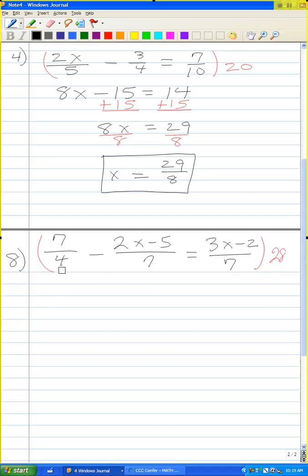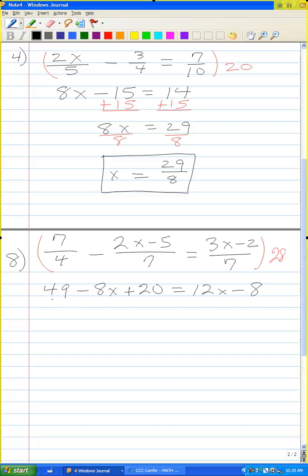28 divided by 4 is 7, times 7 is 49. 28 divided by negative 7 is a negative 4 times 2x is a negative 8x. 28 divided by negative 7 is a negative 4 times negative 5 is a positive 20. 28 divided by 7 is 4 times 3x is 12x. 28 divided by 7 is 4 times negative 2 is negative 8.